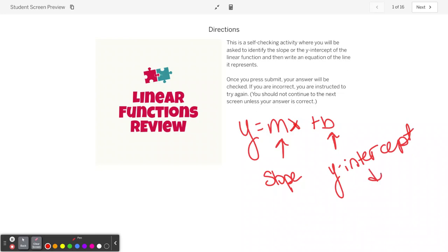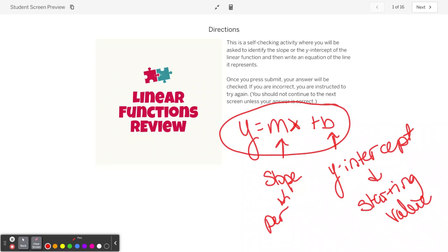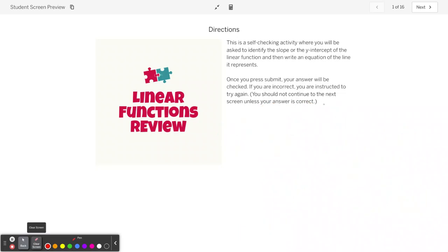Remember, the y-intercept or the b is usually our initial or starting value. Our slope is our per. It's the item that's going to happen over and over again in the situation. You're going to need that information for today's assignment. You're also going to need to remember a lot of the slides are going to need to be written in this form. So let's move forward.